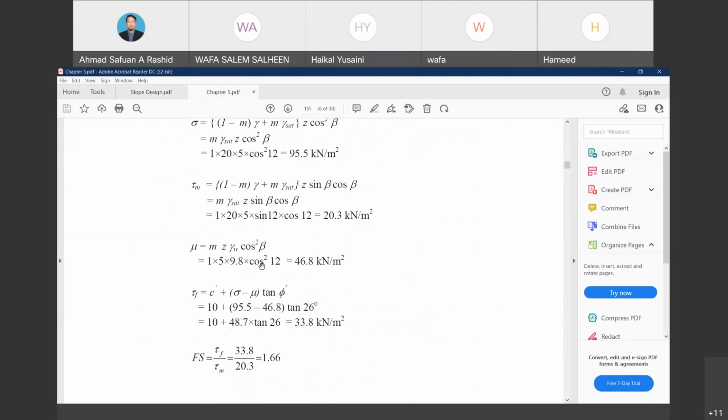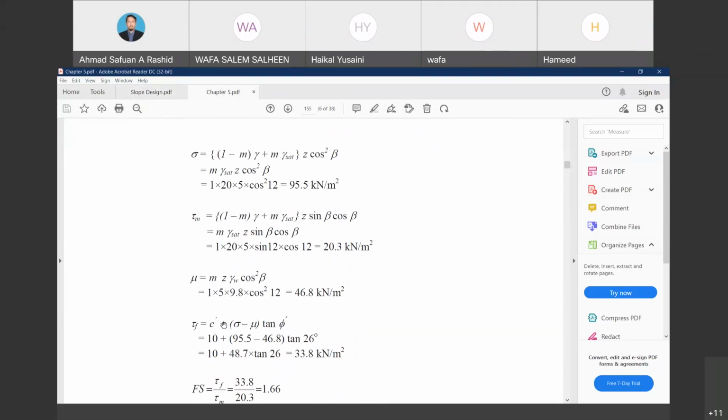Okay, for the S, actually they use the effective, because the sigma will be minus the mu. However, for the tau, they use the saturated, because it is not divided by any pore water pressure.